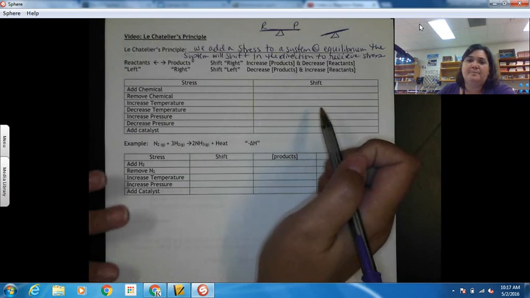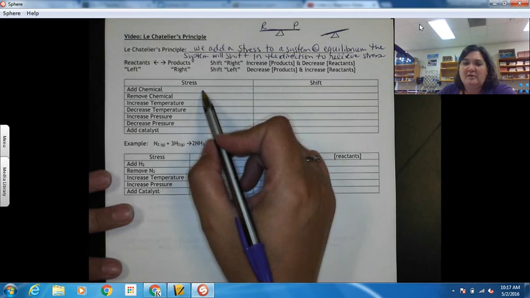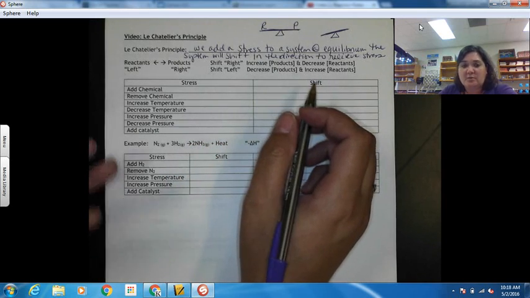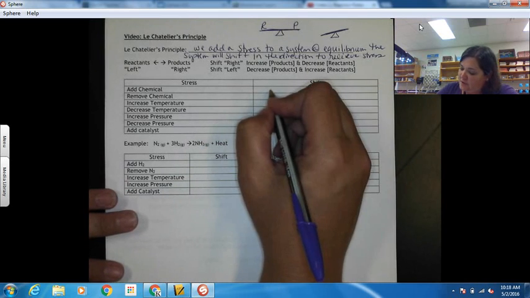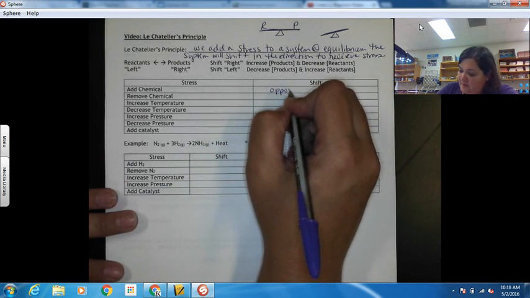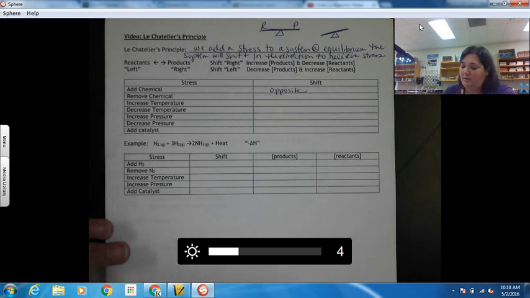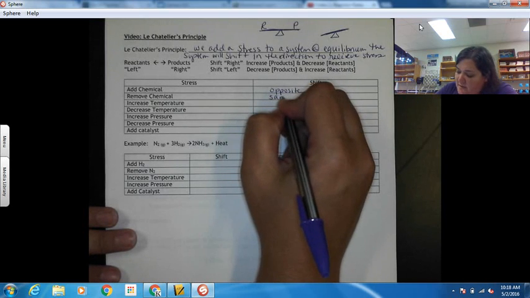Okay, so if we add a chemical, the shift will be to the opposite direction because you will have increased one side. So it will shift to the opposite direction of the side you added the chemical to. If you remove the chemical, it will shift to the same side.